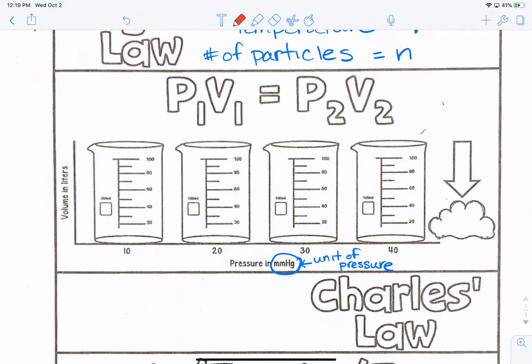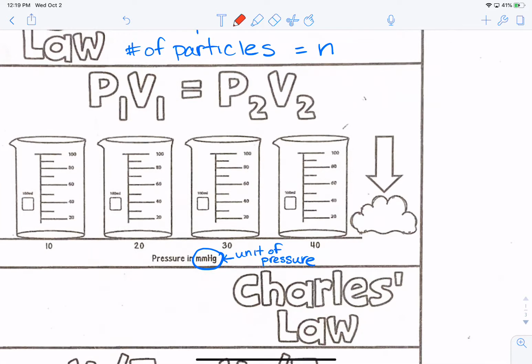Let's remind ourselves of other units of pressure. Other units of pressure are kilopascals. Torr. That's a new one.